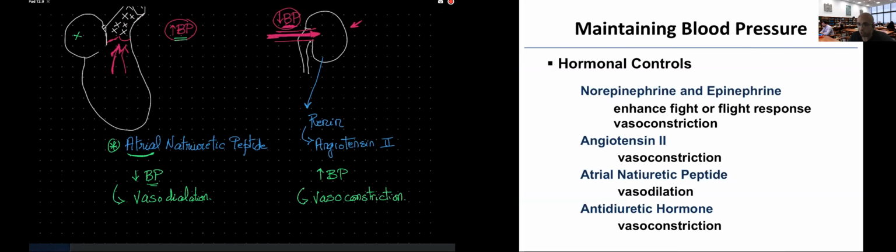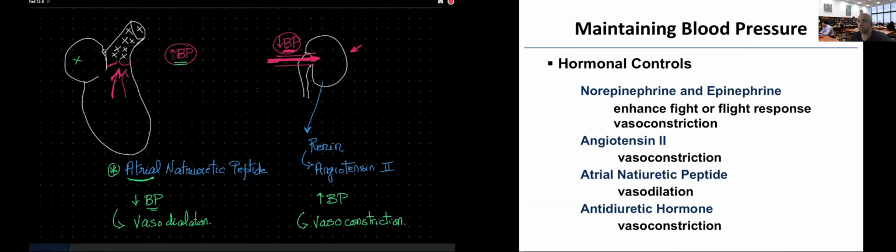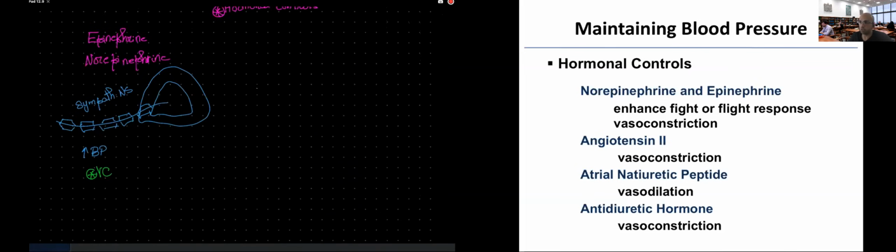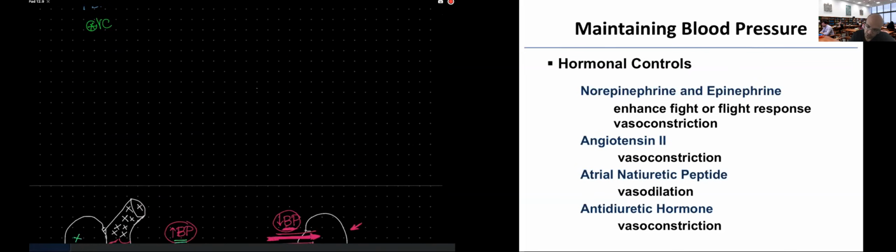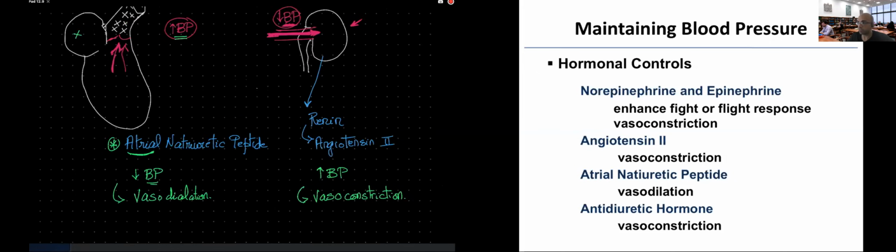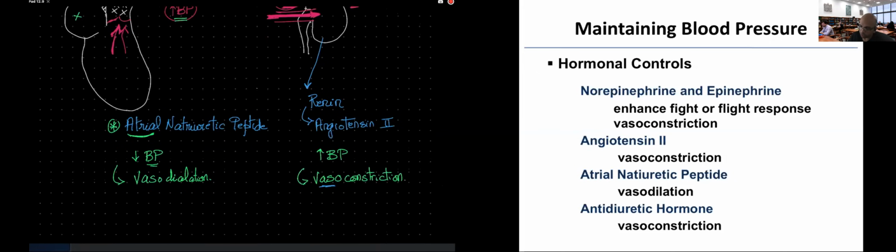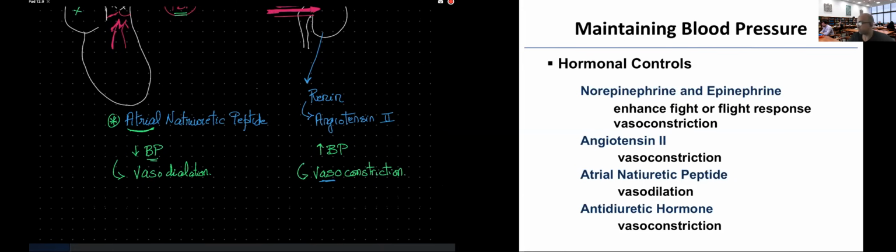I will constrict the arterioles, and as I constrict the arterioles, what's going to happen again to my mean arterial pressure? When you increase resistance, it will increase. So total peripheral resistance increases as you constrict the arterioles, and as a result, you're going to be increasing the blood pressure.